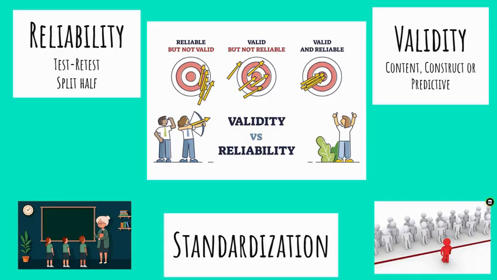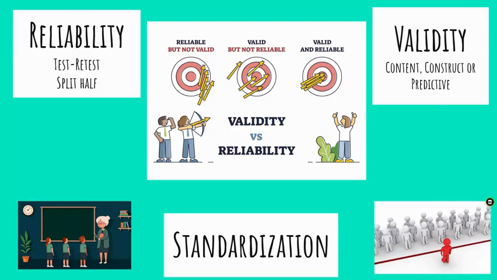The final thing that we need to do, especially with aptitude tests, to help make those tests better, is to use a process called standardization. What this means is to make sure that everybody who takes that test, so let's talk about intelligence tests or ACT or SAT, every single person who takes that test is going to take it in the same way, with the same instructions, with the same time limits, with the same conditions.